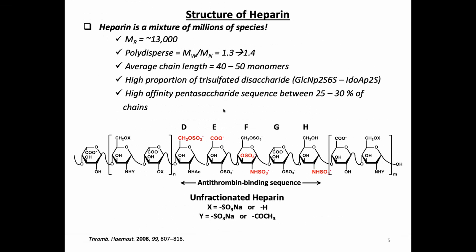Okay? Because it is a heterogeneous and polydispersed molecule, we define two types of molecular weights: weight average molecular weight, Mw, and number average molecular weight. I'll give you a simple physical explanation of why we have to define it in this fashion.